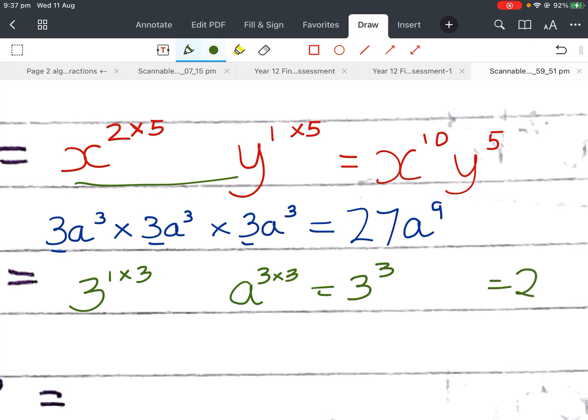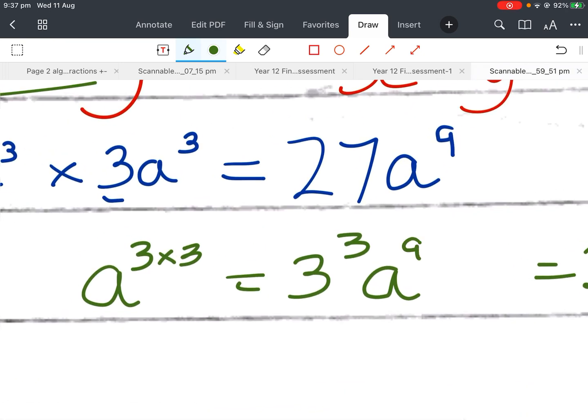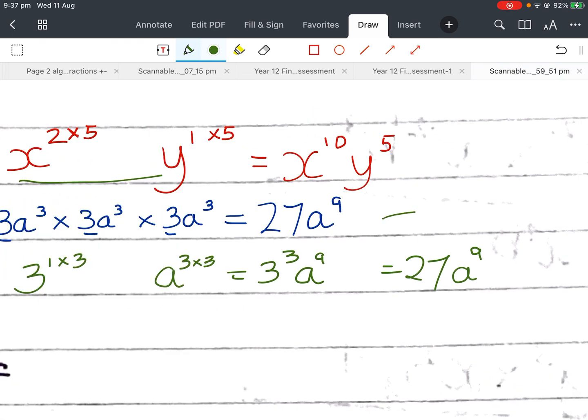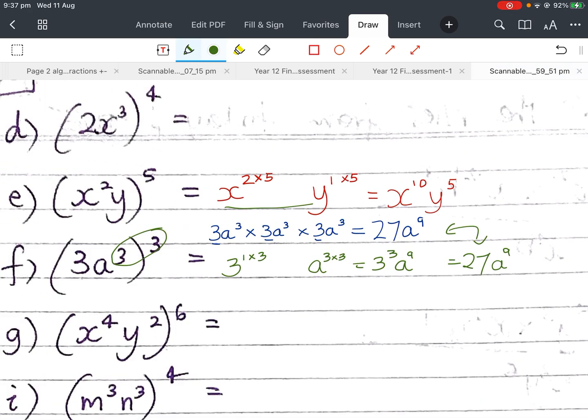I'll just write it over here. And then a to the power of 3 times 3, well, hopefully you already know that 3 times 3 is 9, so then we just have to write that again over here. Notice, same answer. So it doesn't matter how you do it, you should get the same answer. But just watch those numbers out the front, they can be tricky.